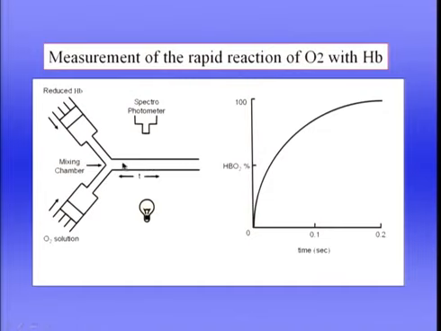After a certain time has passed, we've got a certain concentration of oxygenated hemoglobin. And so here's a plot of the oxygenation of the hemoglobin. It starts off at 0 here, completely reduced, and it's going to end up at 100% here. This is the plot of oxygenation of the hemoglobin against time. Now you can see we're well on the way to finishing the process in 0.2 of a second.